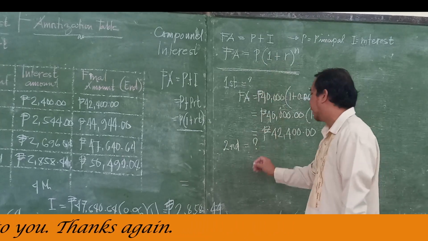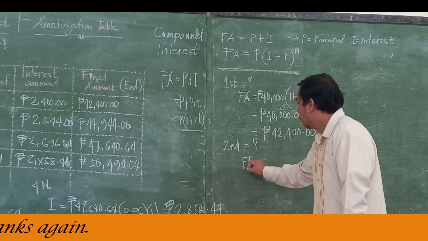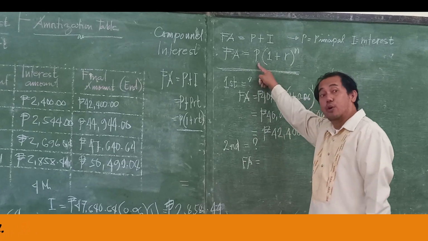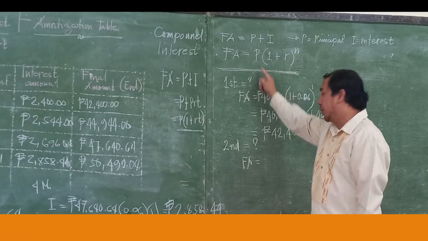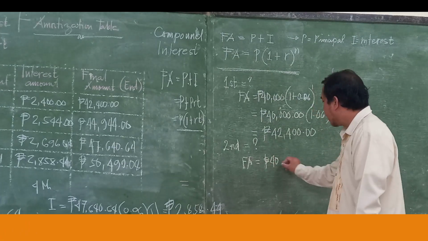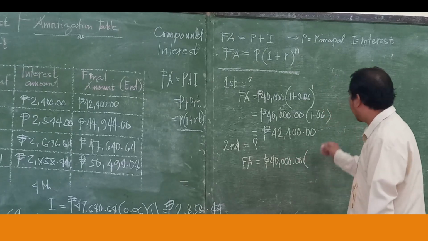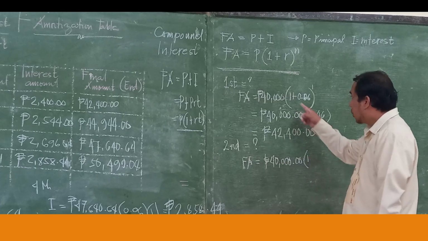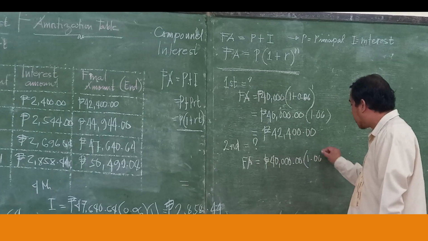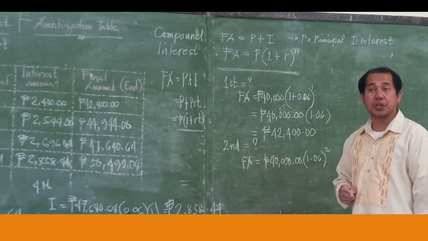The final amount for the second year makes use of the original principal, 40,000 pesos, multiplied by 1.06 raised to 2, for 2 years.